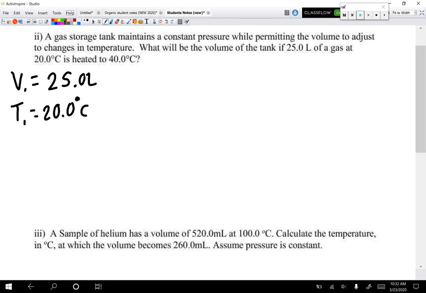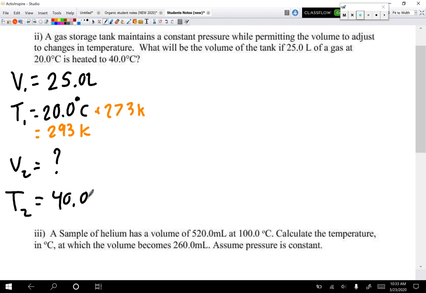So remember, we have to add our 273, and we have our new temperature of 293 Kelvin. We have our V2 is equal to, we don't know, and our T2 is equal to 40.0 degrees Celsius. Now, same thing as before, we're going to have to add our 273 right away to get our temperature of 313 Kelvin.